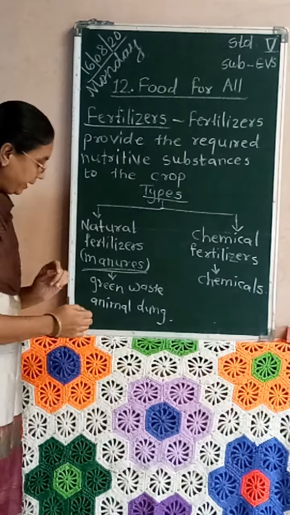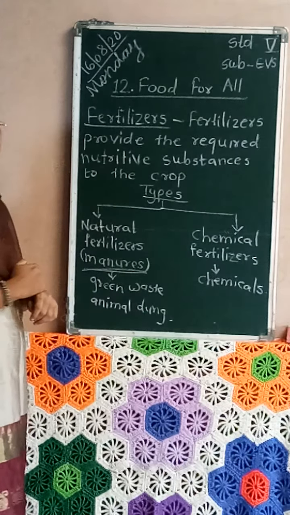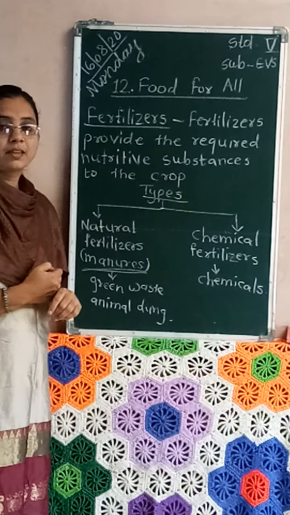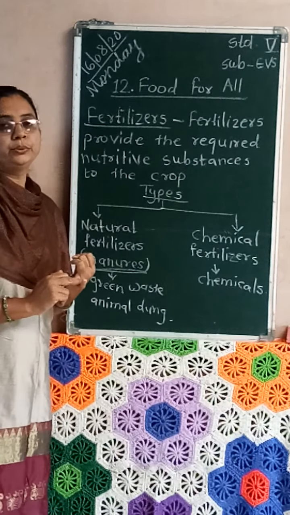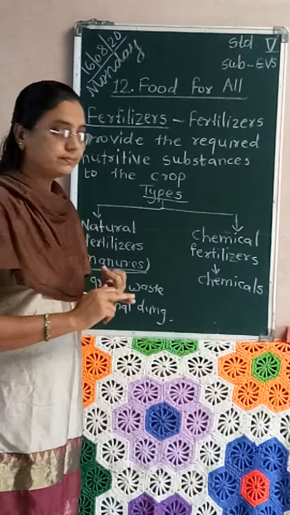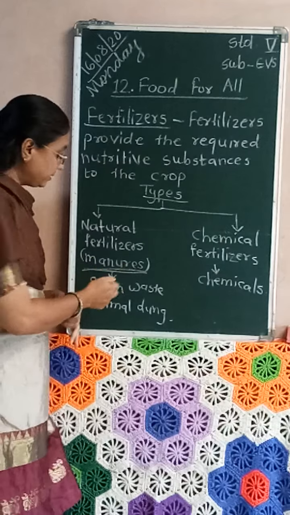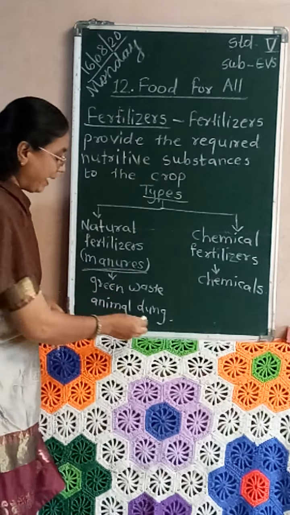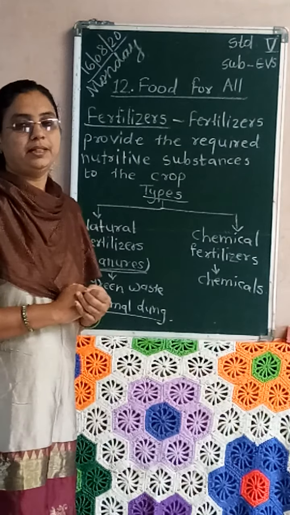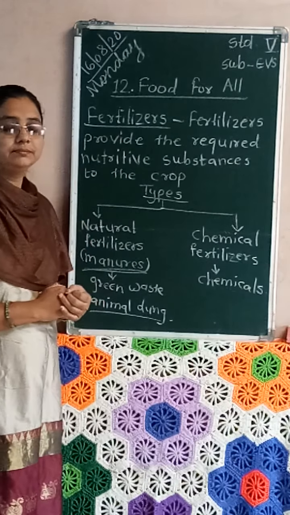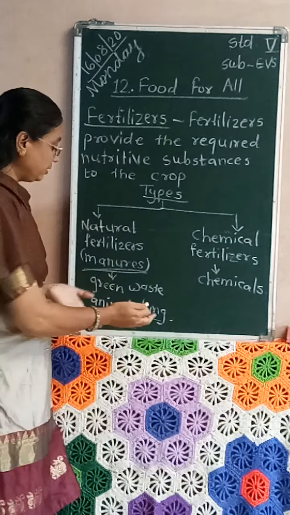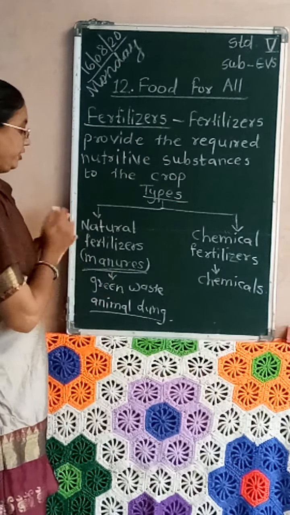It is made with green waste. Which are green waste? Peels of fruits, and whatever the waste part of the farm, that is the green waste. And animal dung, the excreta of animals, cow dung, droppings of goats and sheep, are also included in the manures.